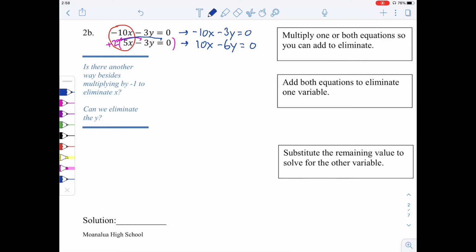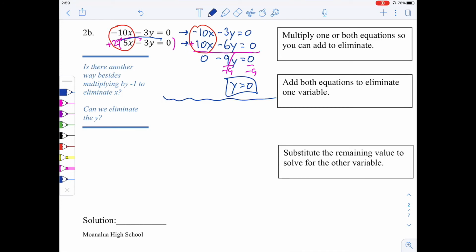Then we can add to eliminate. And we're going to see the x value is going to cancel out. So it'll be 0 minus 9y equals 0. Divide by negative 9. We get y is equal to 0.